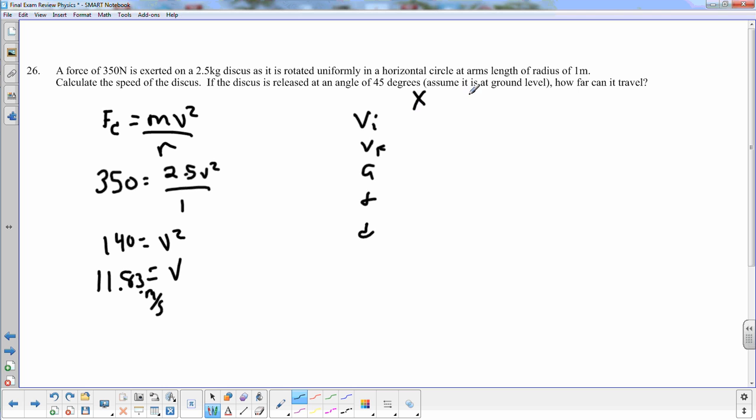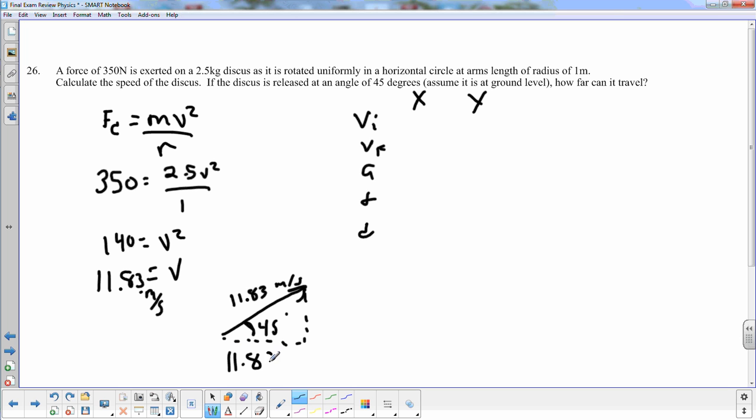And I'm happy that this is here because we can refresh ourselves on this. 11.83 cosine 45 to get the x, and this will be 11.83 sine 45. 11.83 cosine 45 is 8.36 meters per second.